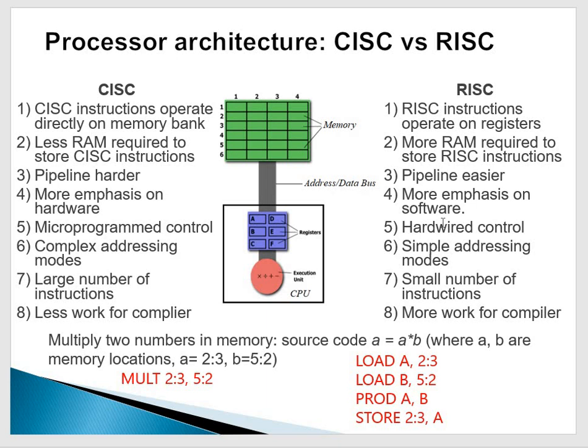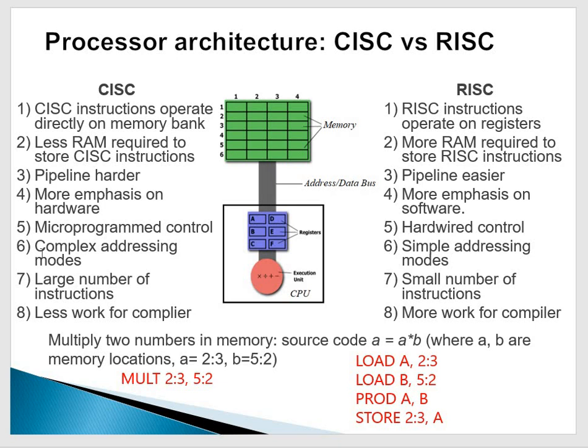In case of CISC processor, the CPU will generate the control signals through microprograms which are pre-designed, pre-written and stored in the memory. So this is the basic difference. Next, the sixth one is the complex addressing mode. In case of CISC processor, the addressing modes are very complex.